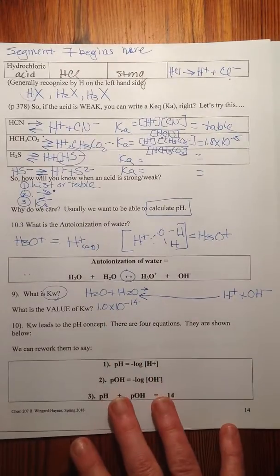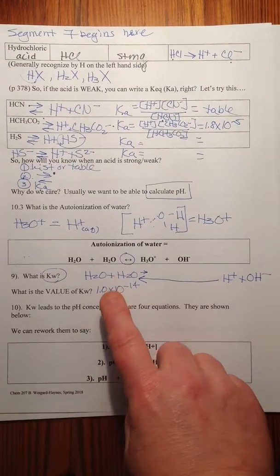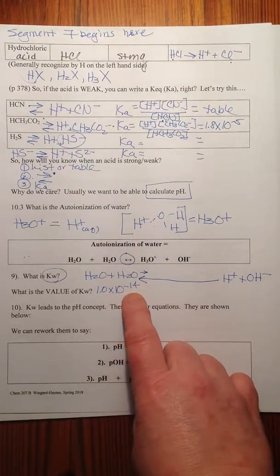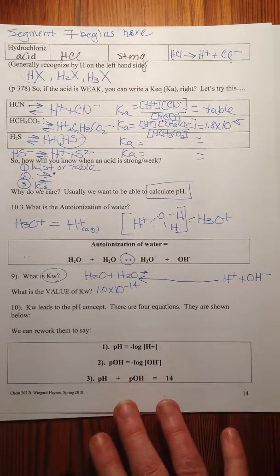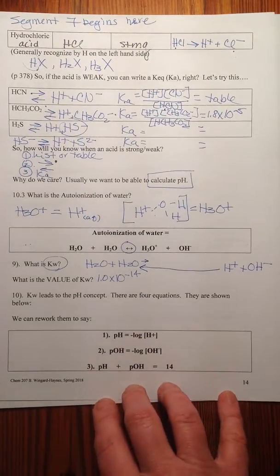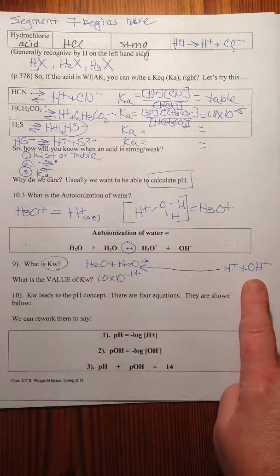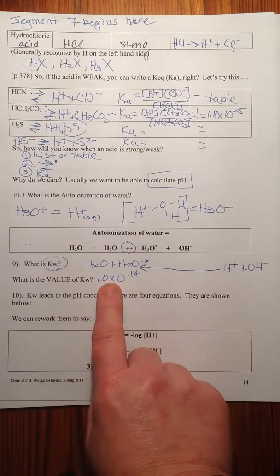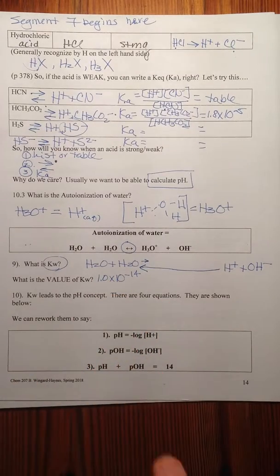Now there is some math associated with the autoionization of water and the value of 1 times 10 to the minus 14th. And these lead to the pH concept, and I used to spend some time deriving it, and I no longer do that. So suffice it to say is that the propensity of the autoionization of water leading to that KW gives us 4 equations that we can use for pH.